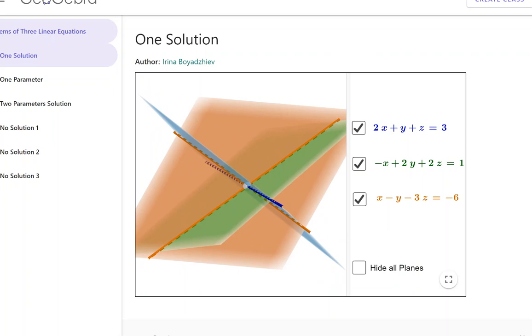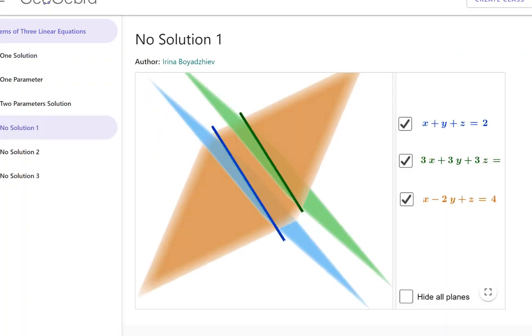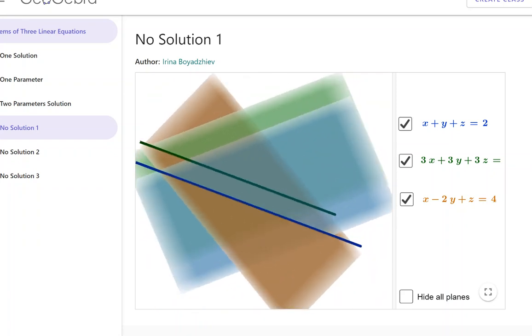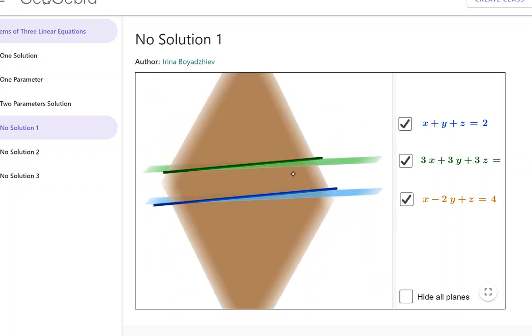Now, just as before, we could have a case where you've got three linear equations in three variables, but there happens to be no solution. One possible way that there could be no solution is if two of the planes run parallel to each other. So you see the green and the blue planes are parallel, they're never going to intersect.